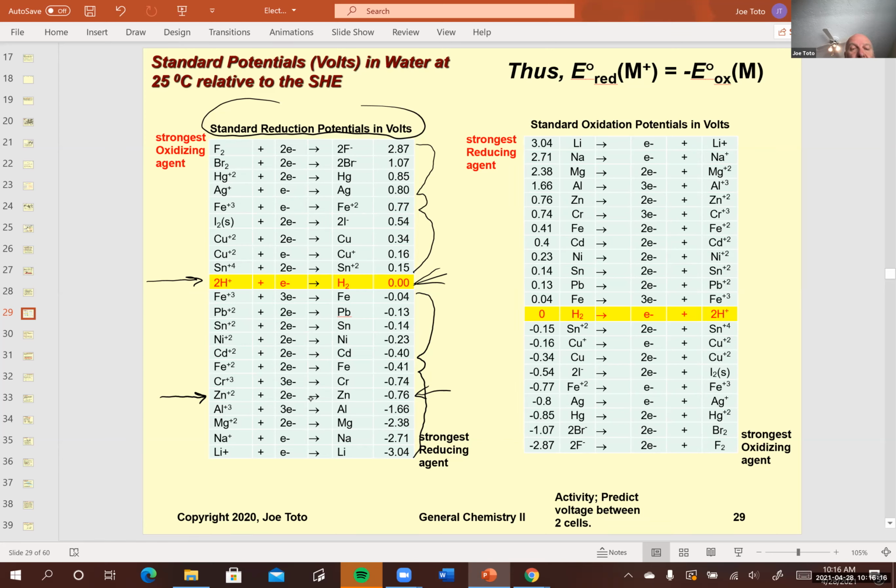Note that this also implies that you can pick any two of these half cells, and you can figure out what the cell difference would be. Now, remember, we looked at the copper half cell and the zinc half cell, the one down here. And when we set that up, we knew that the electrons were flowing from the zinc half cell to the copper.